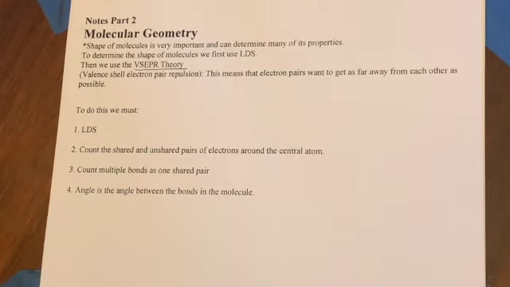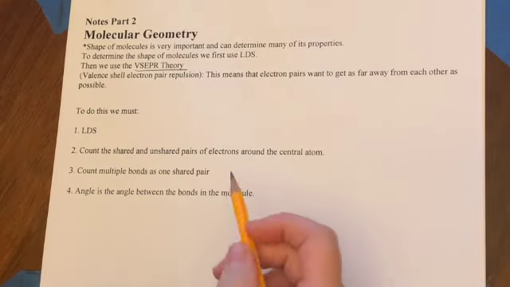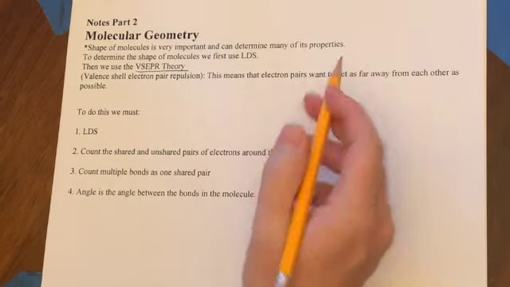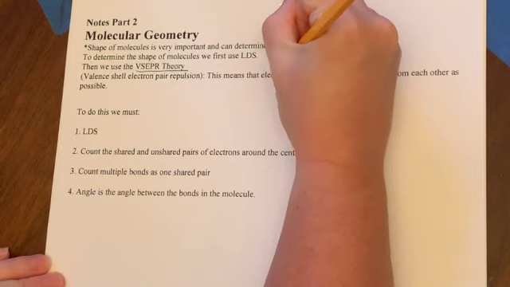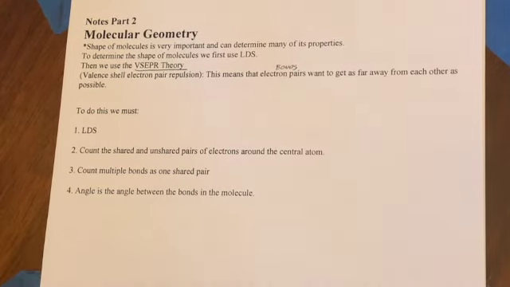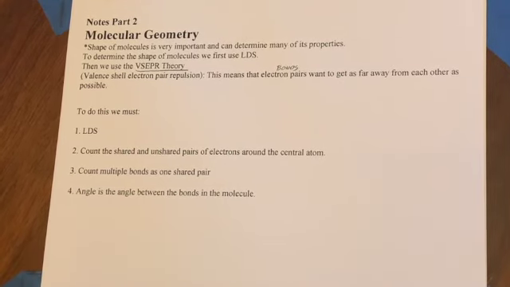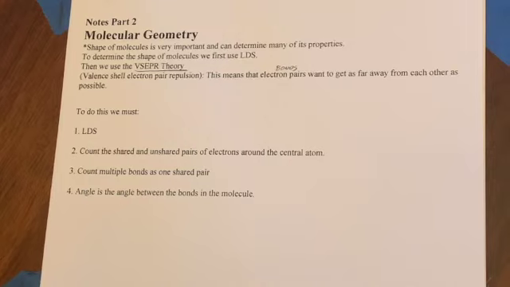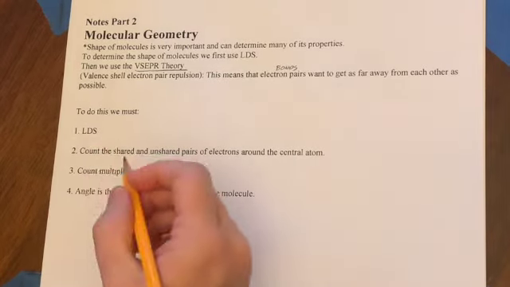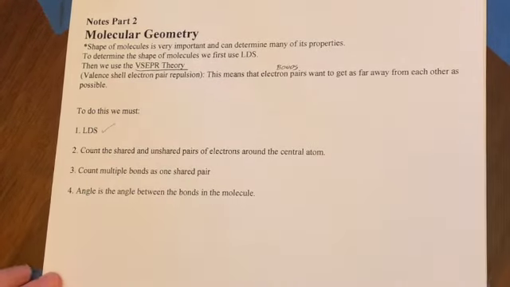What you should take from that is the idea that electron pairs or bonds want to get as far away from each other as possible, and this leads us to different shapes. We're going to go through those different shapes. To figure out our shape, the first thing you're going to do is a Lewis dot structure. We've covered that.